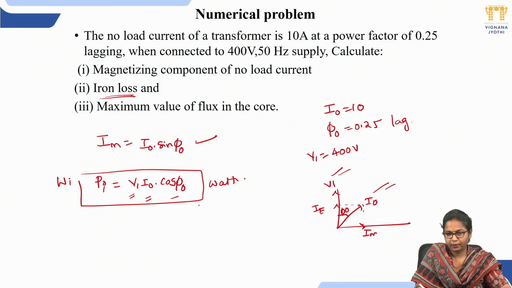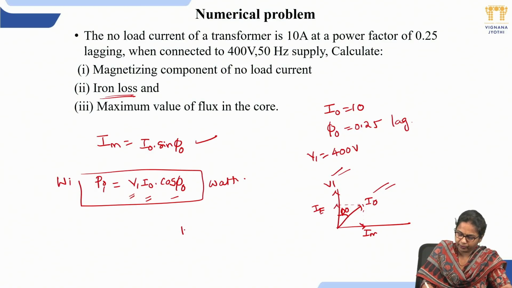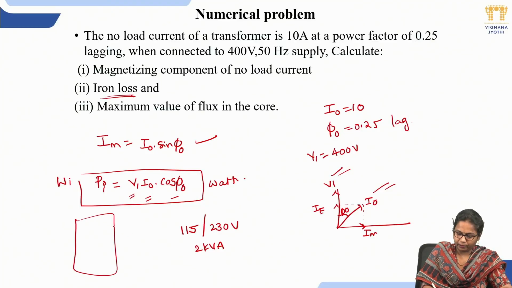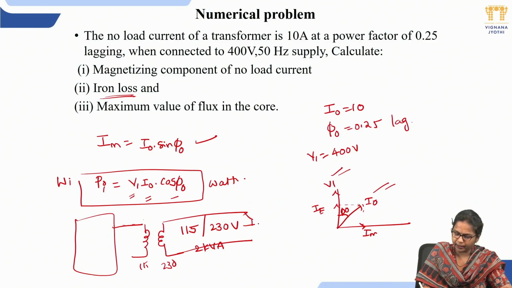And this is all about when your practical transformer is working on no load, because initially when we start our experiment, with a 115 by 230 volts transformer whose rating is 2 kVA, by using the auto transformer we will be giving the input to your transformer, and initially we make sure that your transformer works under no load condition.